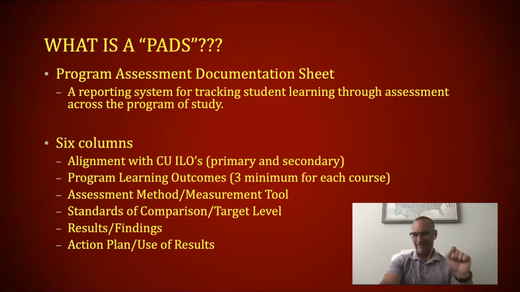So for every program objective, program learning outcome, or PLO, we're going to tie that to a primary and a secondary institutional learning outcome. And for those that have done CADs before, these other 5 are program learning outcomes, assessment methods and tools, the standards of comparison, or our target level, the benchmark that we're trying to measure against, reporting our results and findings, and then feeding that into our action plan. In other words, how are we going to use these results?